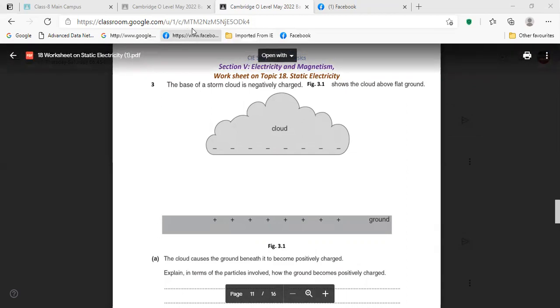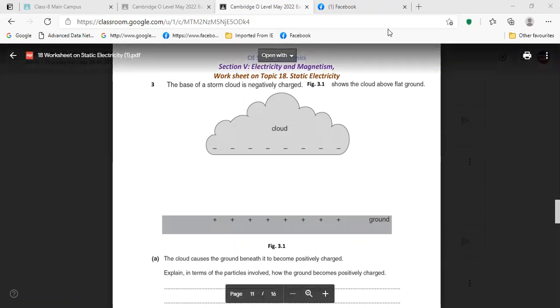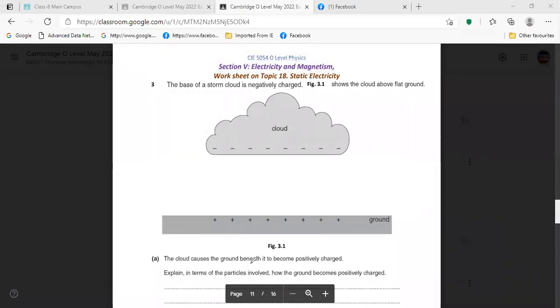It's very important to understand what's going on here. You see, the earth becomes positively charged. The ground beneath it becomes positively charged.